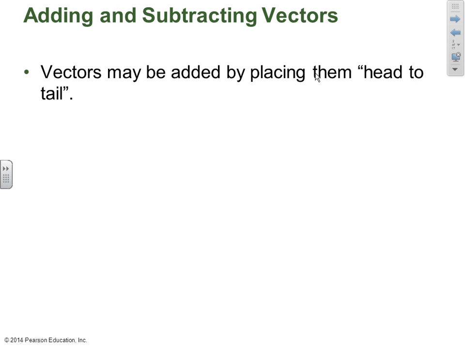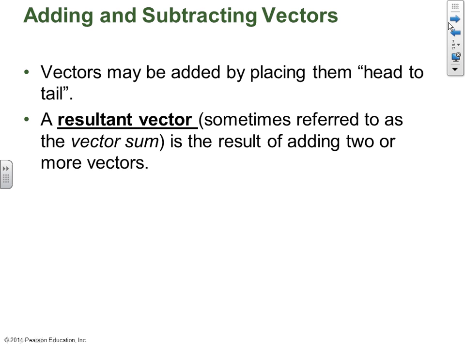Okay? Once we have arranged those vectors in the head to tail formation, now we can find what we refer to as the resultant vector, or we sometimes call it the vector sum of those two vectors.